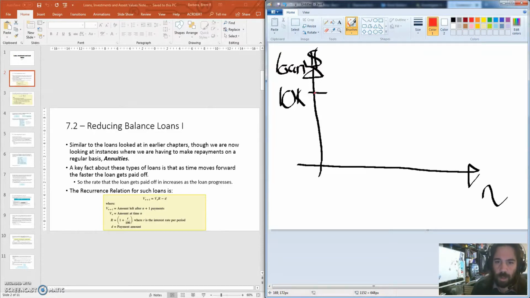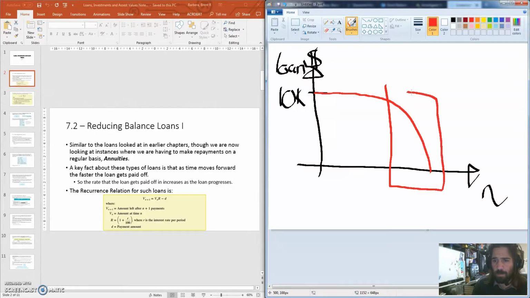Not really. It starts off pretty straight. You don't actually pay much of it off as time goes on, you're just paying interest. It does get slowly smaller and smaller, but it's going to get to a point where all of a sudden it falls very, very drastically. And in this last part here, you pay that loan off super, super quickly.